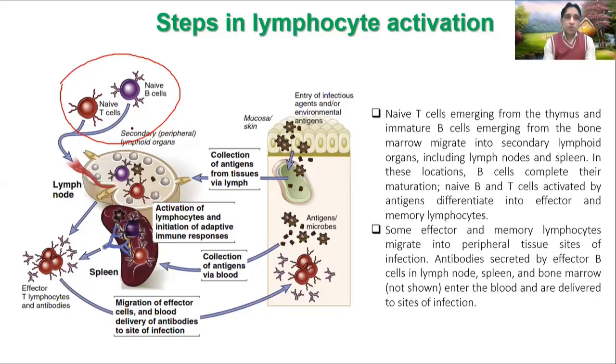They move into the secondary lymphoid organs, like they used to stay within the lymph node. They used to stay within the spleen, and these are the places where they came to know about the problem. इन्हें problem के बारे में कौन बताएगा? Who will let them know about the trouble? The other cells like macrophages, dendritic cells, antigen presenting cells, they will tell them about the problem.